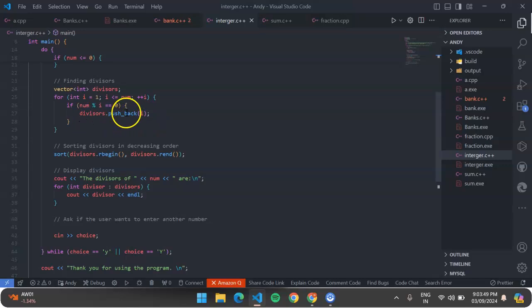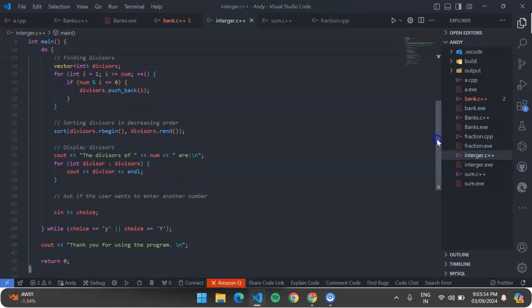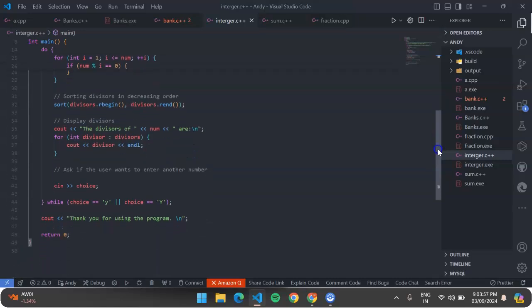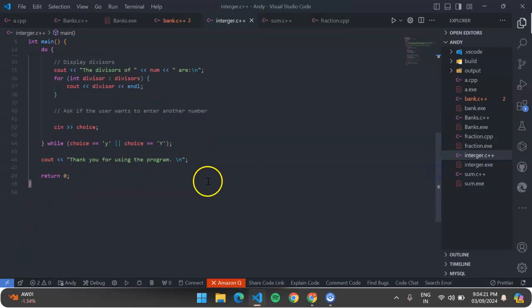With the help of the vectors, it should push back and then be able to display positive integers. When a negative integer is entered, it should quit, asking if the user still wants to enter another positive number, where y stands for yes.